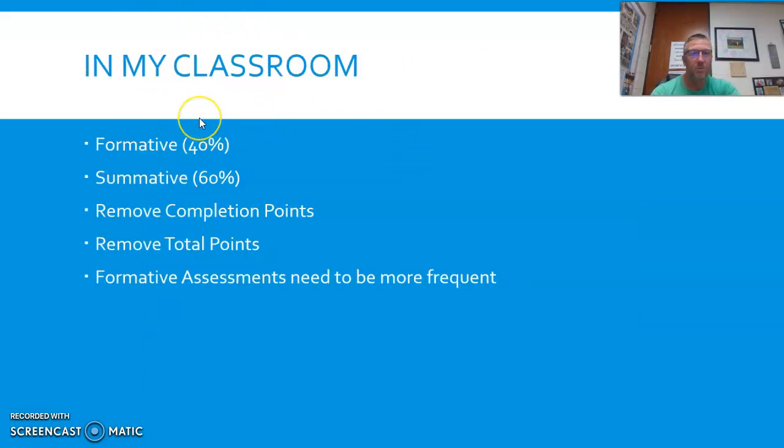But in my classroom, what I've transitioned towards is a 60-40, with formative being about 40% of the grade and summative being about 60%, rather than doing completion points or total points. Those are things that have kind of been removed from the business department to a certain extent.